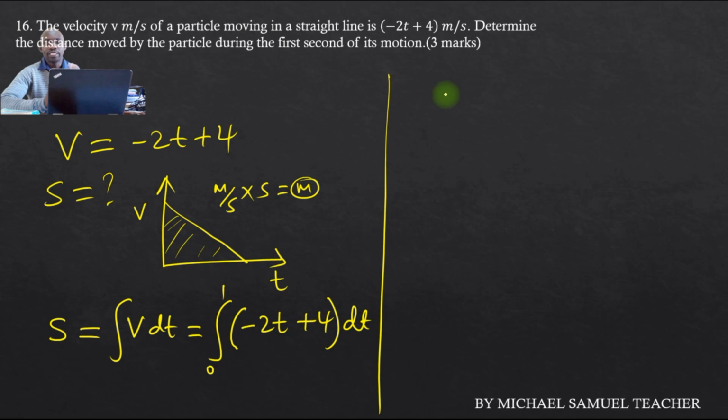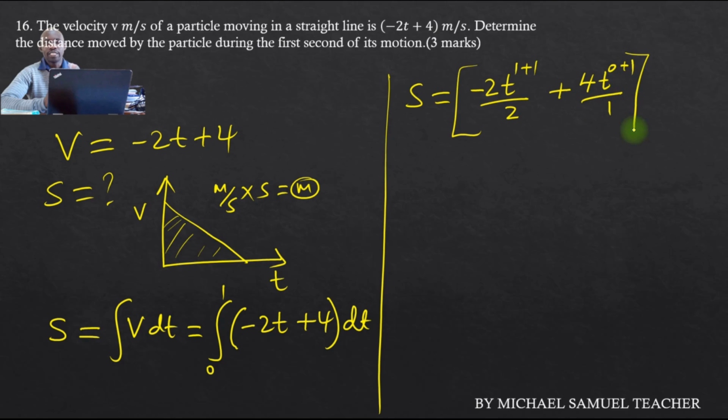Integrating, we have minus 2t to the power 1; we add 1 and divide by the new power, then plus 4, which is t to the power 0; we add 1 and divide by the new power.